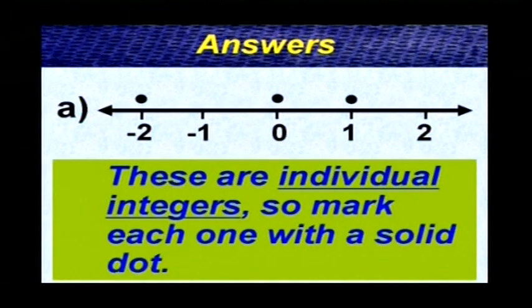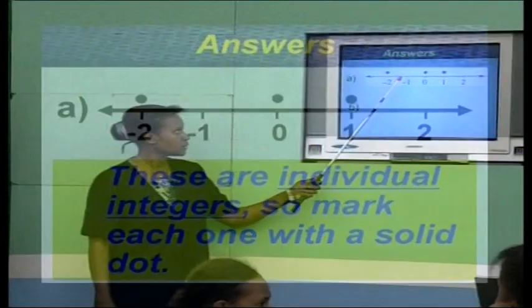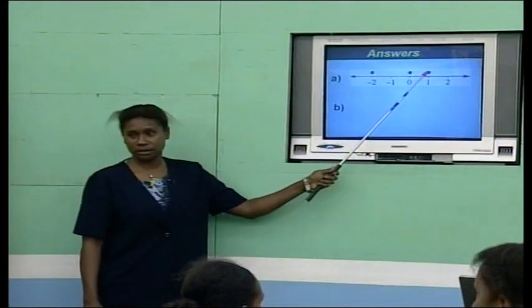The answers to those activities: A can be shown like that. The number line will be drawn like what I have done on the PowerPoint, and it says mark each one with a solid dot. This is what we meant, solid dot. You will see the difference between the answers as we go through them.